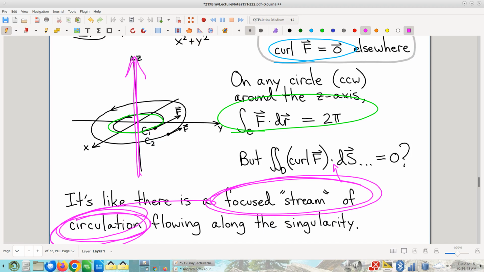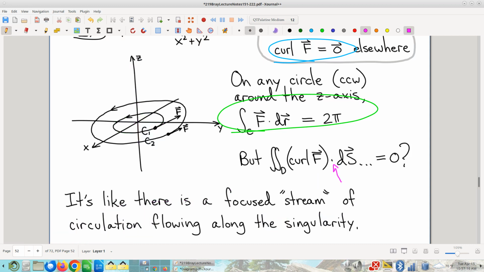But in the same way that we fixed this seeming contradiction of the divergence theorem with the idea of a lump of flux, likewise here we have a focused stream of circulation. And that's where the missing circulation is. It's in that one-dimensional focused curve, that line of imaginary focused current. All right, enough of that.